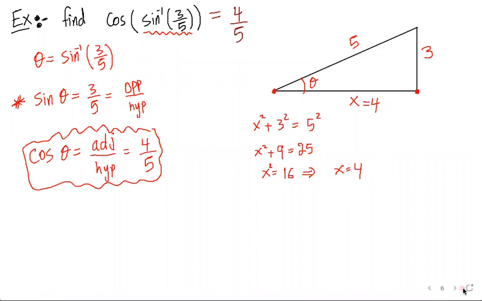It says to find sine of cosine, with the negative one exponent, the inverse. Cosine inverse of which value? 5 over 13. Like this, right? Yeah.